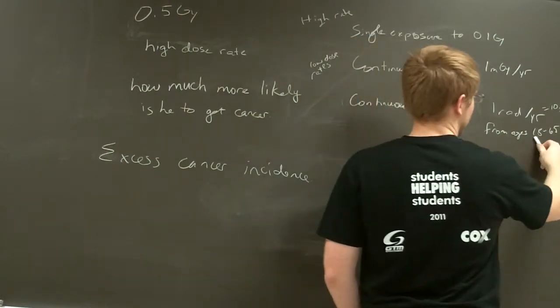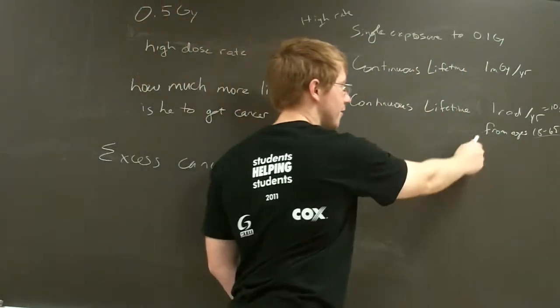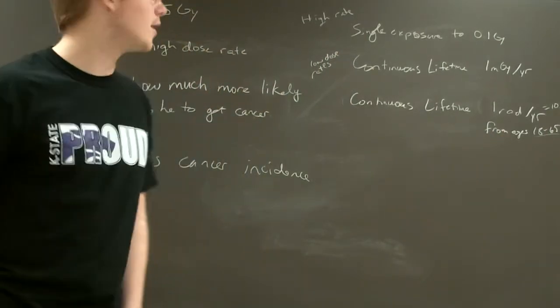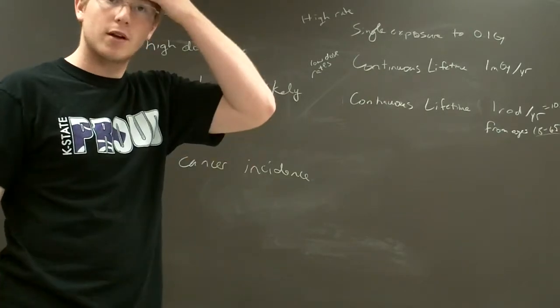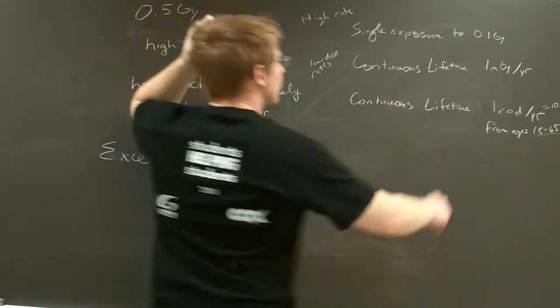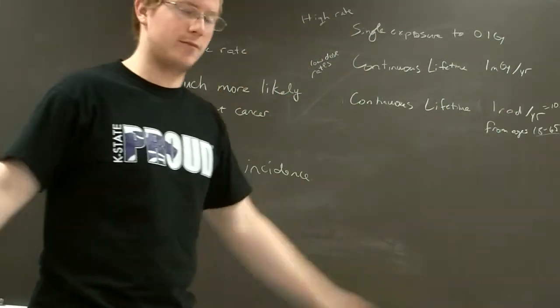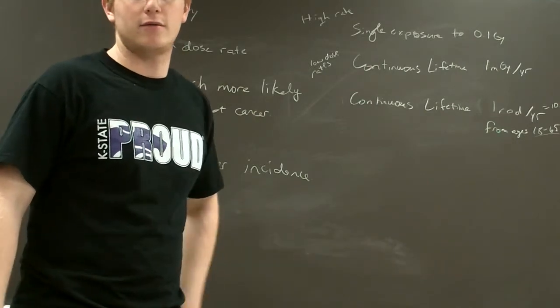But you're also going to start receiving this after age 18. So this is probably data taken from people who work at reactors or places that have a slightly elevated background radiation level. Whereas this may be from people who live in an environment from the time they were born until they die that is at a higher rate of radiation.